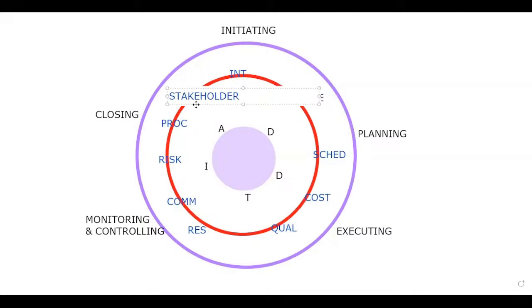And I'll just say stake. You kind of get it. Or stakeholder.